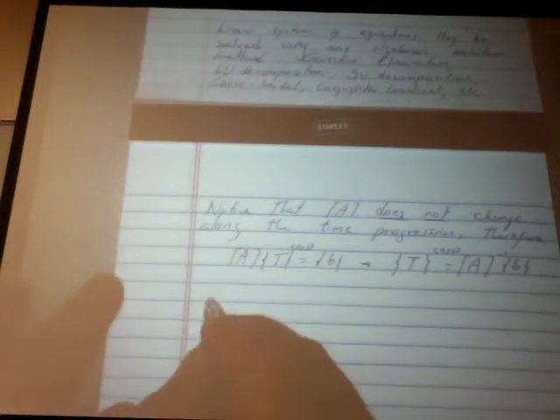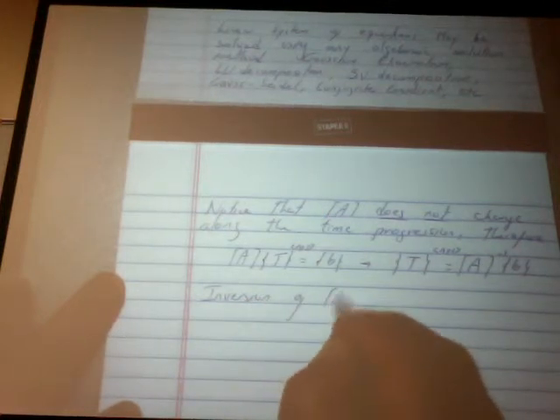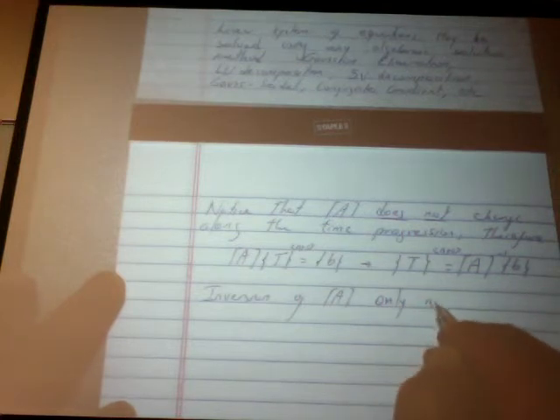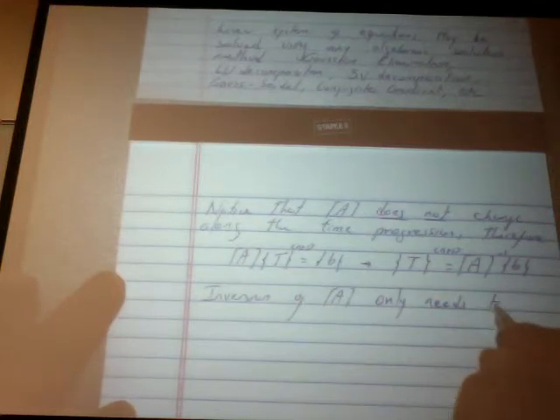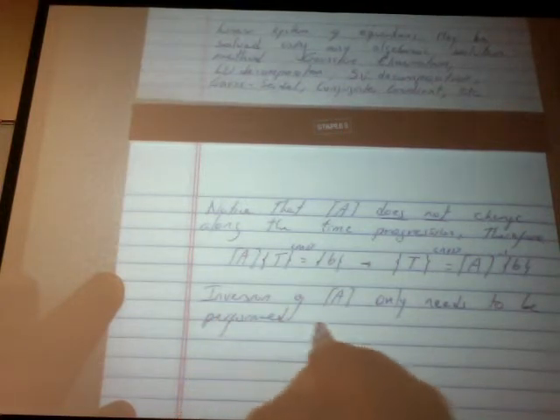And the inversion can be done again through LU decomposition or whichever one of these methods we use, but it only has to be done once. So inversion of A only needs to be performed once.